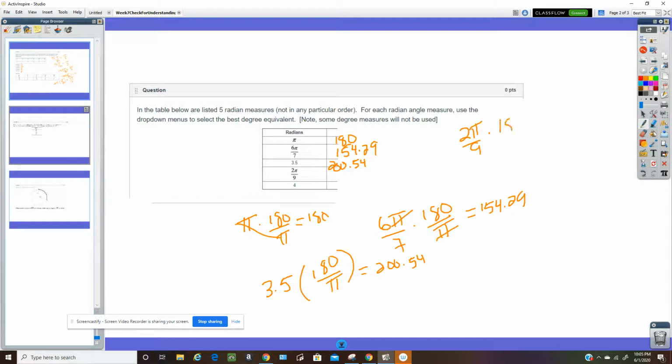times 180 over pi. These cancel. 9 divides 9 once, 9 divides 180, 20. So you get 40.